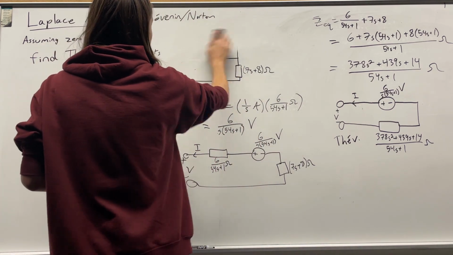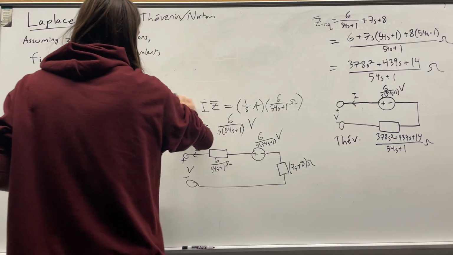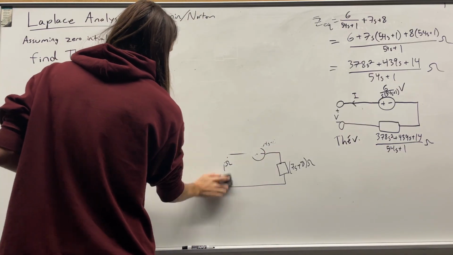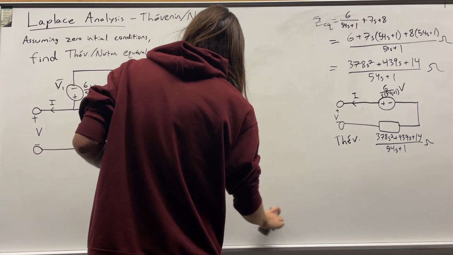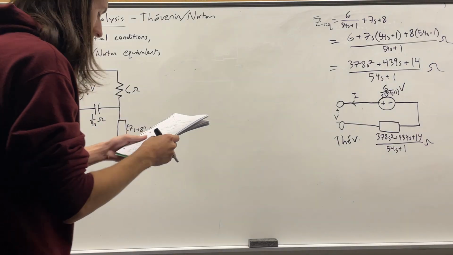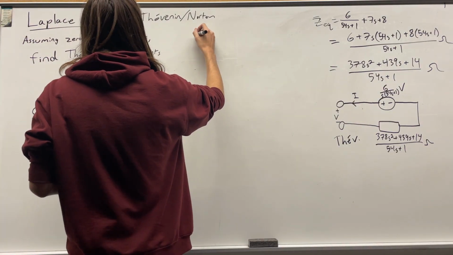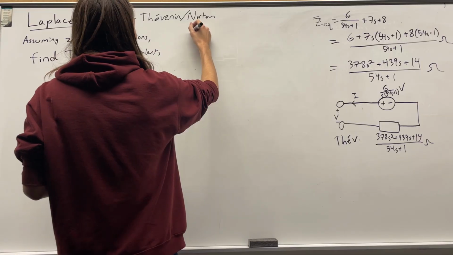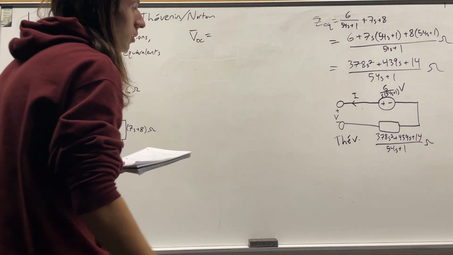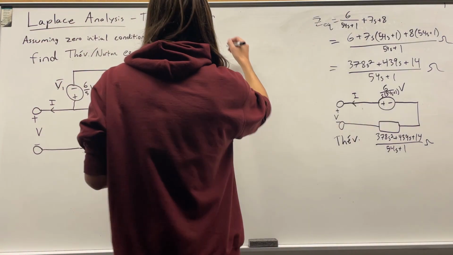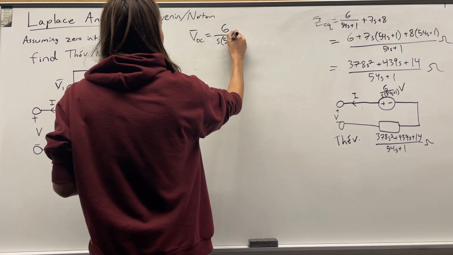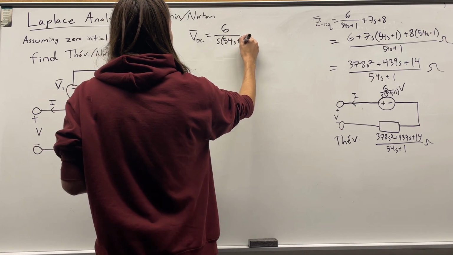and then now we have to find the Norton equivalent as well, and we can do the source transformation pretty simply. We'll just use the formula. So first of all, VOC equals, what is it, 6 over S times 54S plus 1 volts.